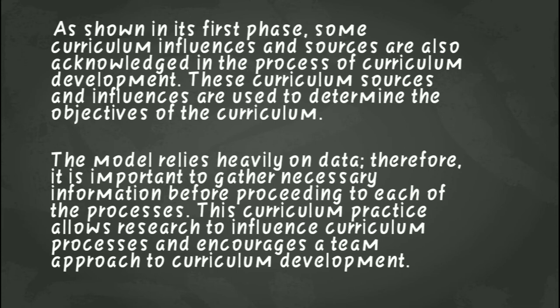So, in this process, as you can see in the first phase, there is data that could support the selection and the design for the curriculum, having an approach in dealing with the sources or influences, the objectives that would be present in the effectivity of the curriculum.